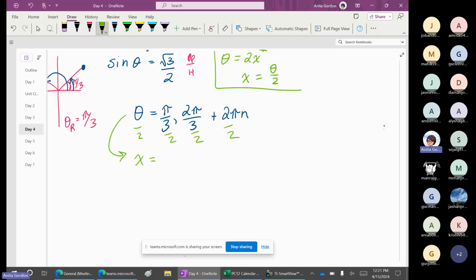Okay, talk to a partner. What's my solution for x? Pi plus pi, and there will be an n. You tell me what the numbers are. Pi by 3 divided by 2, what's my new fraction? That would be multiplying it by 2.